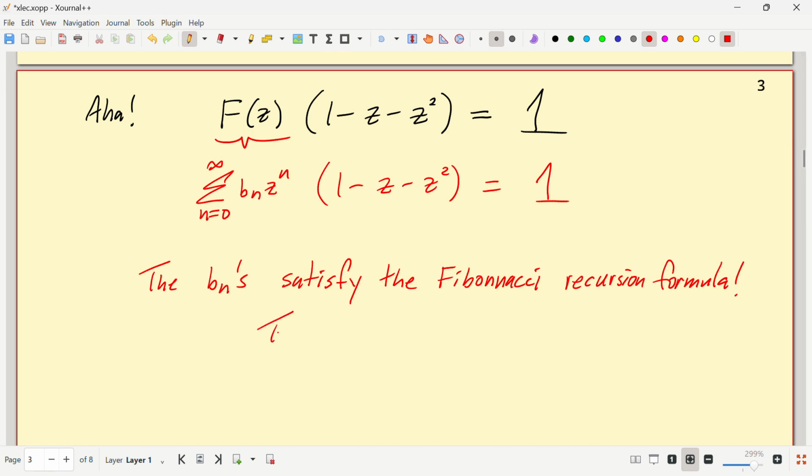And they are the Fibonacci numbers, equal to the a_n. So we're done. That's how you do it. Now we know it does have a positive radius of convergence. Like we know what it is. And so the Fibonacci numbers give you a power series with the golden ratio being the radius of convergence.